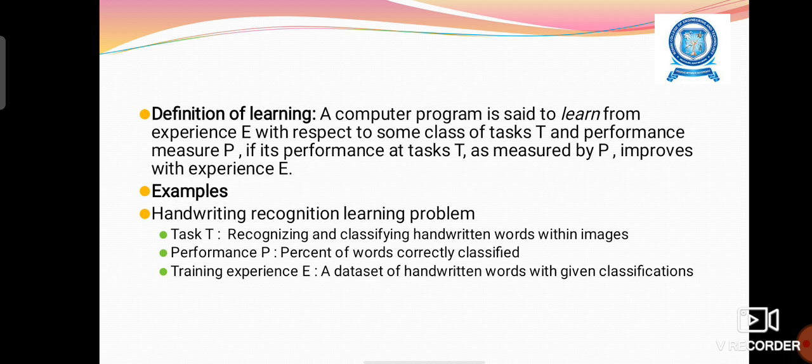We can see an example, the handwriting recognition learning problem. The task T is recognizing and classifying handwritten words within images, the performance P is the percentage of words correctly classified, and the training experience E is a data set of handwritten words with given classifications.